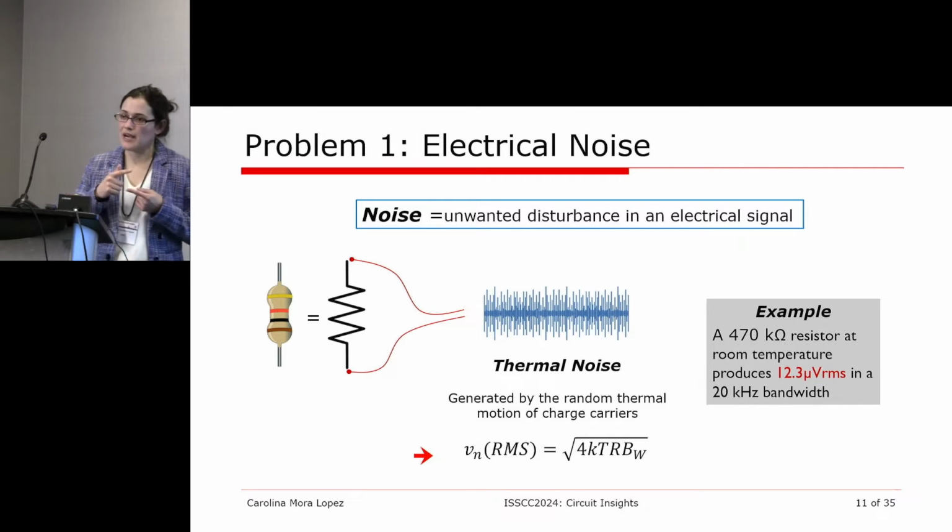If you have a 470 kilo ohm resistor at room temperature, you will measure a thermal noise of 12.3 microvolt RMS in a 20 kilohertz bandwidth. So the noise of a resistive component will be in this microvolt range, and this will actually be important because the level of signals shown in my previous slides is also more or less at that level.